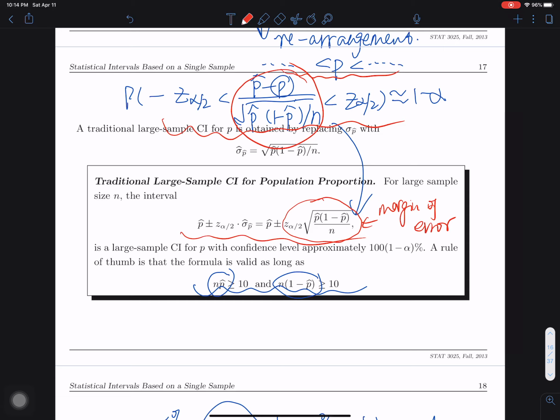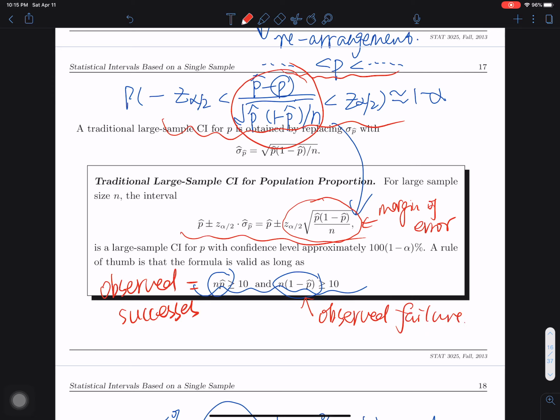To utilize this calculation of confidence interval, there are two conditions you should satisfy. The first is n times p hat, which we can call the observed successes. Then n times 1 minus p hat, we can call the observed failures.